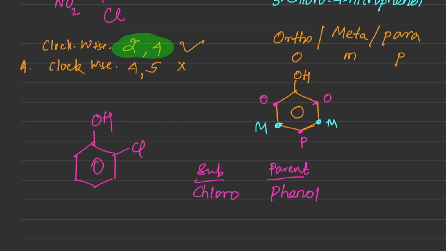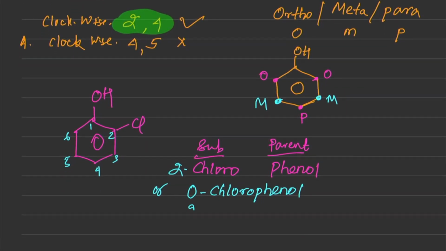Now we can number it 1, 2, 3, 4, 5, 6, so we can call it 2-chlorophenol. Or, what are the locations we call it? The one that is right next to it on either side is called ortho-chlorophenol. Or we can call it 2-chlorophenol.